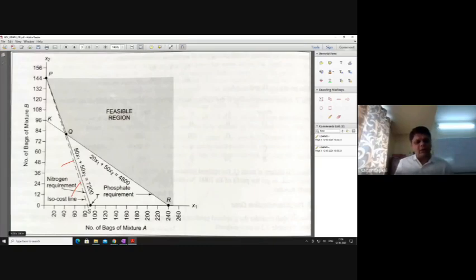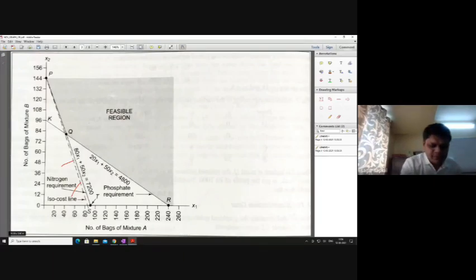That point is nothing but your optimal point. Now here if you draw some minus 5 by 3 line, then draw parallel lines to that and go to the feasible region, then go again towards 0 line, and you can check that it is leaving the feasible region at point P, which is having coordinates as 0, 144.